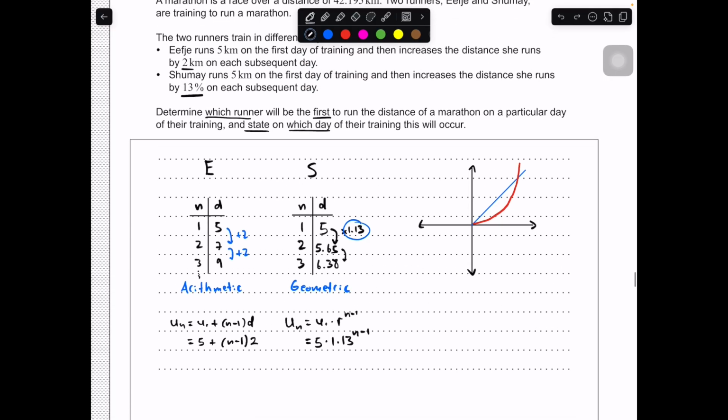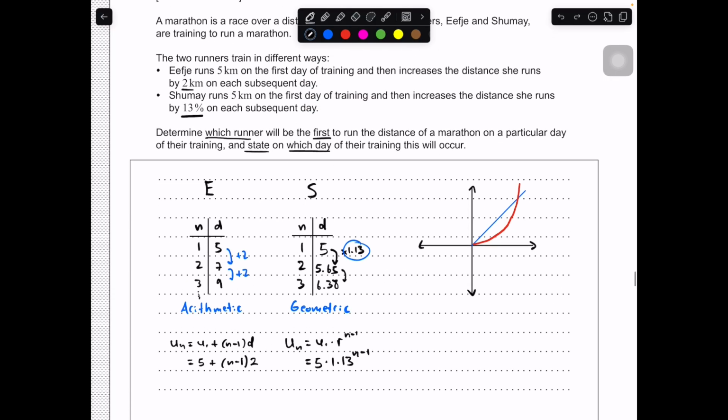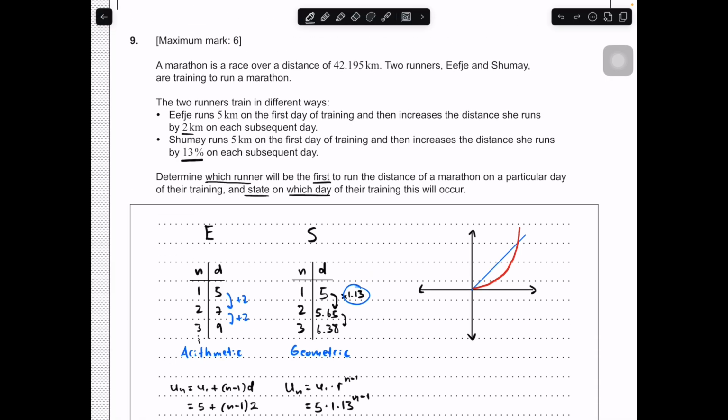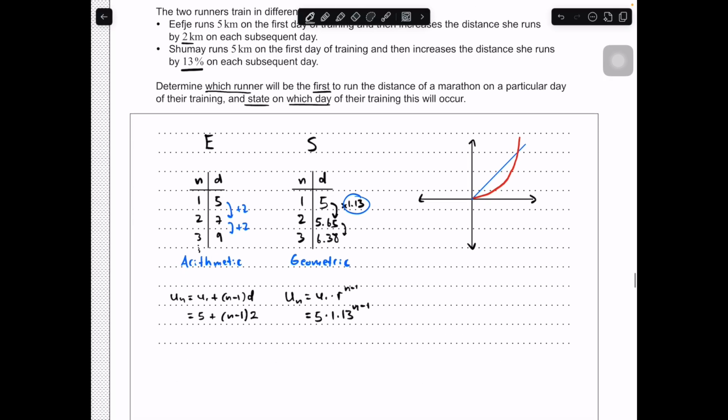Essentially these sequences, or these formulas, relate inputs and outputs like all of our functions. So if we want to find how long it'll take for one of these individuals to reach 42.195, we can treat this as a kind of input-output function.